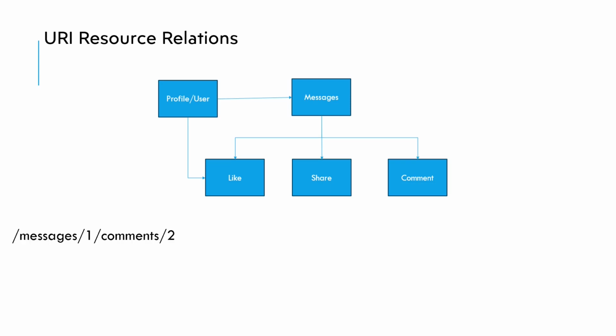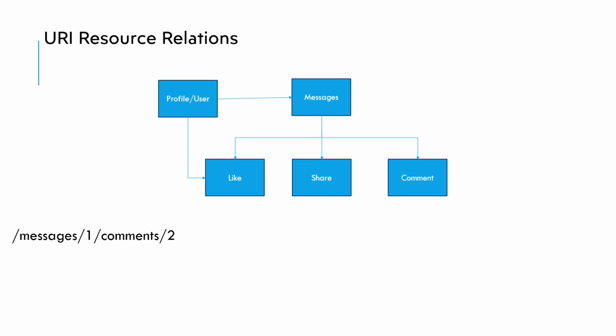Suppose you want a message. There are many messages for any profile, and you want to see, for message ID one, how many comments are there? What is comment two? So what will you do? You will define it like this: /messages/1/comments/2.